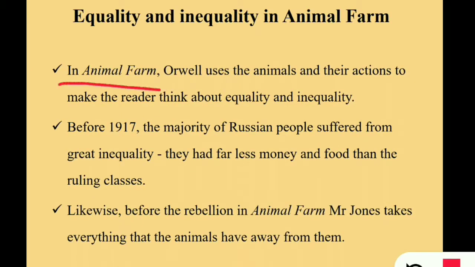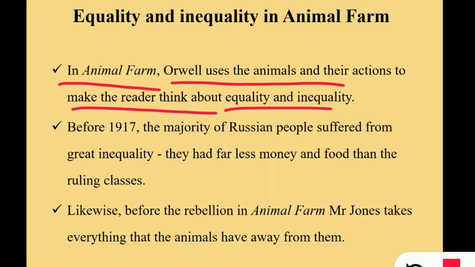In Animal Farm, Orwell uses the animals and their actions to make the readers think about equality and inequality. Before 1917, the majority of Russian people suffered from great inequality. They had far less money and food than the ruling classes.